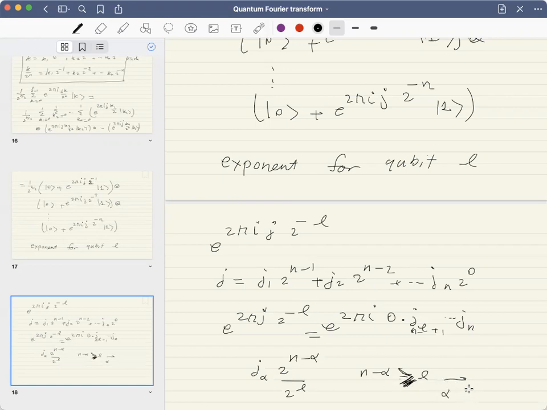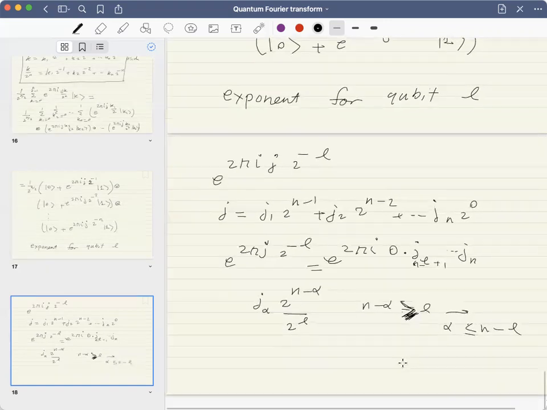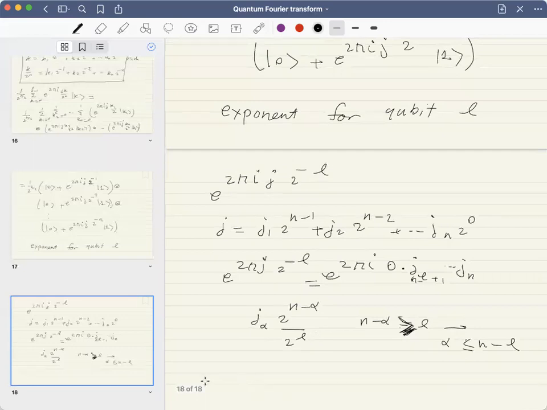It doesn't matter when alpha is smaller than or equal to n minus L. When it does matter, when I have to keep it, is when alpha is larger than n minus L. So it starts from n minus L plus 1 and goes all the way to n. That leaves me with the expression that we wrote initially.